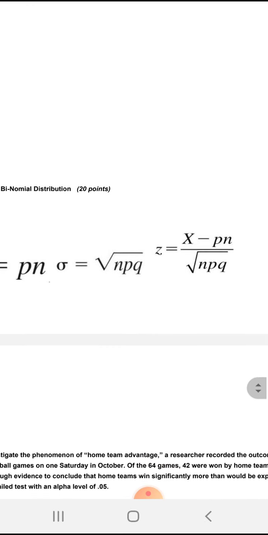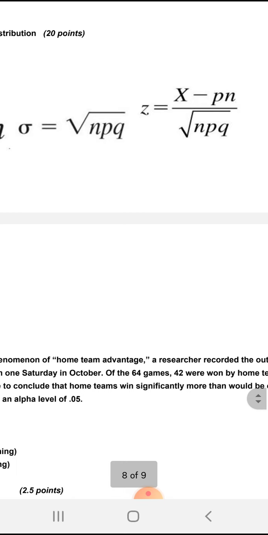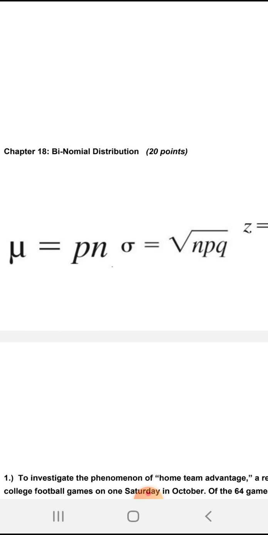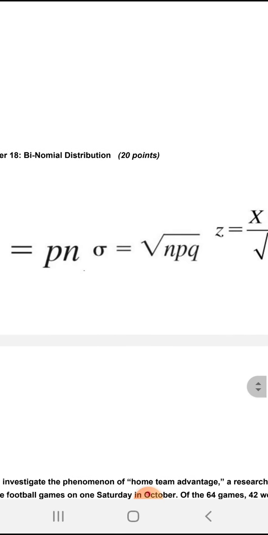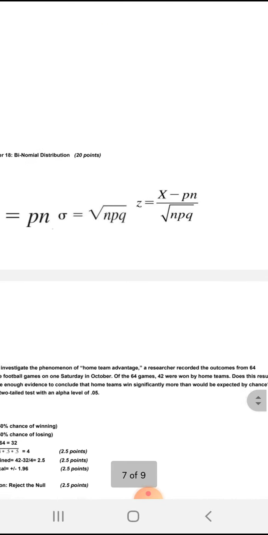Okay, now on to the last question, which is chapter 18, binomial distribution. So these are 3 formulas that you should know. Mu equals p times n. Standard deviation is the square root of npq, and z equals x minus pn divided by the square root of npq. This goes back to the same way we used to do z-scores.